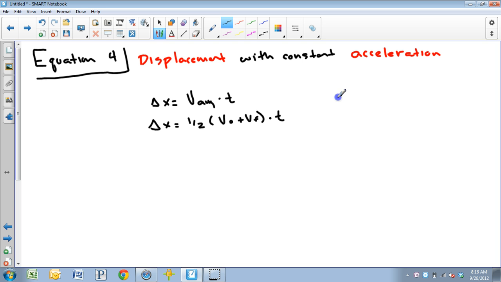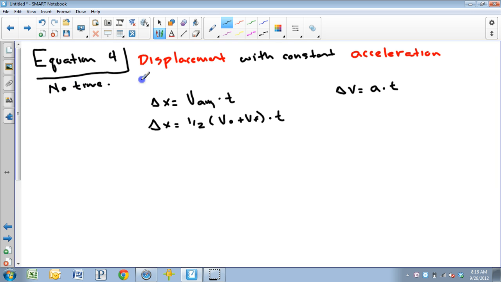Now, we also know that for an object with constant acceleration, the change in velocity, delta V, is equal to acceleration times time.